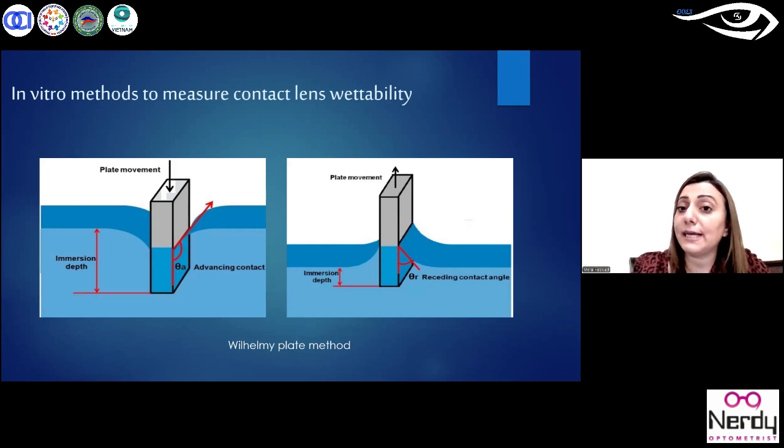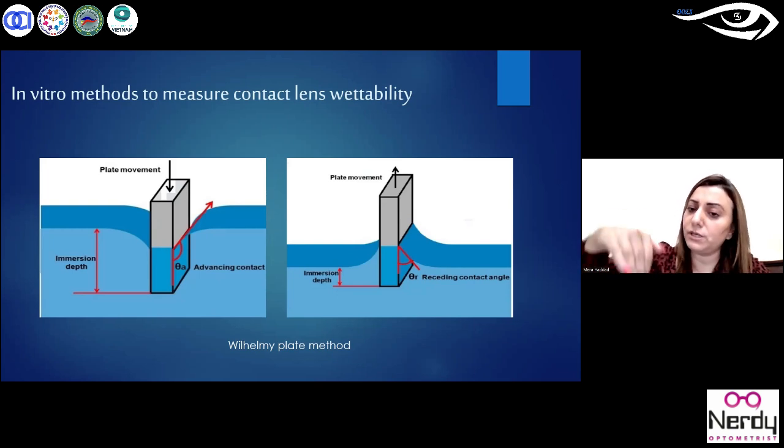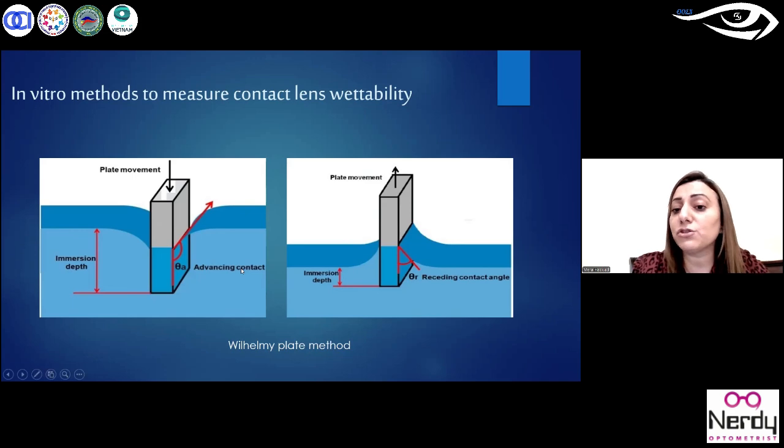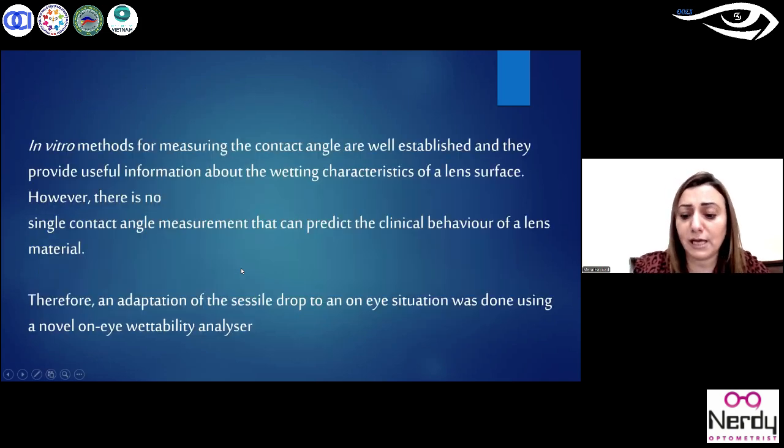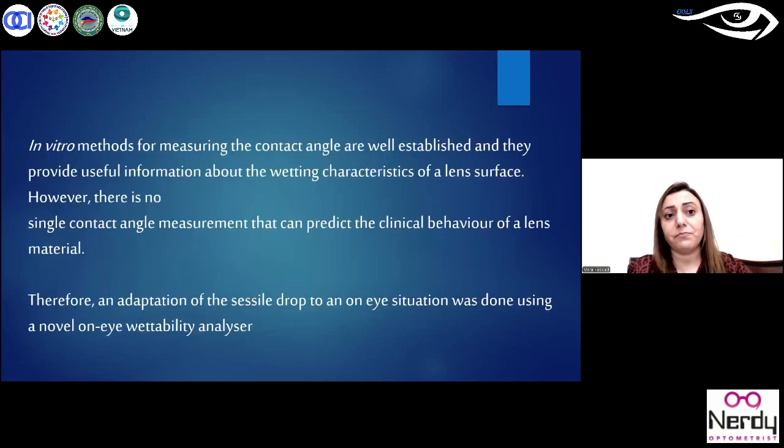And the contact angle in that case is measured as the force acting while the lens is dipped in the water and while it's taken out. So again, the instrument does all the measurements. You don't have to do any calculation.